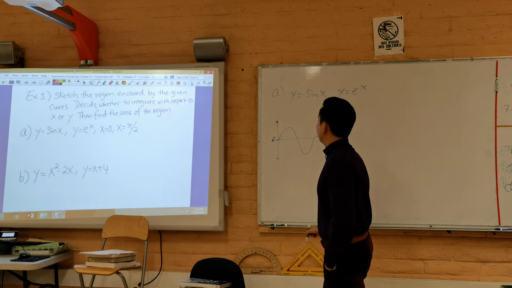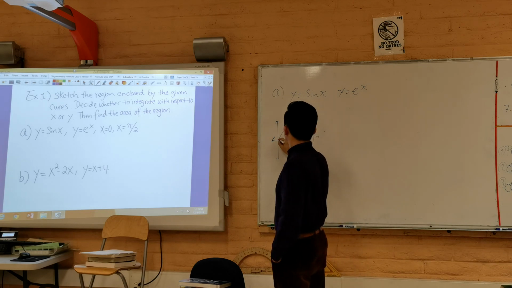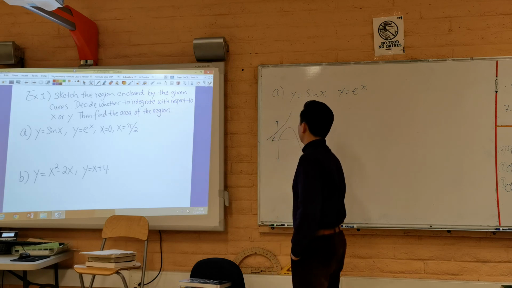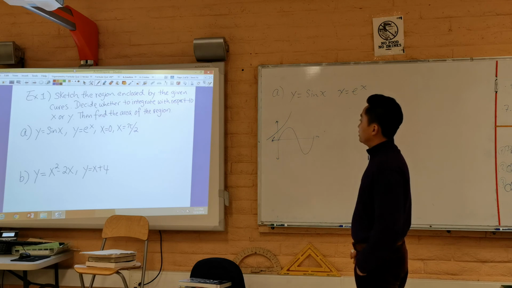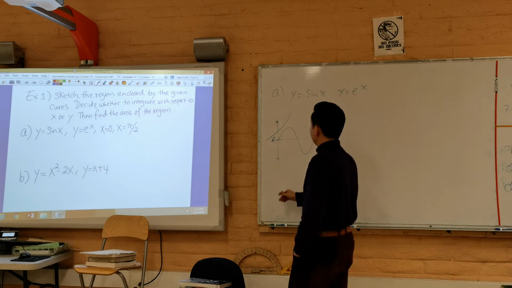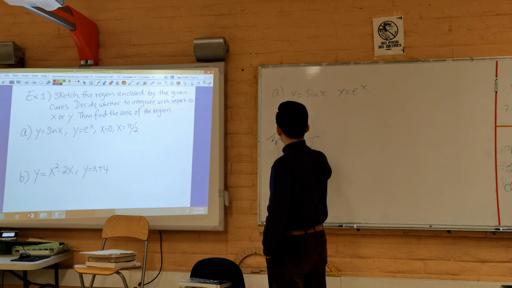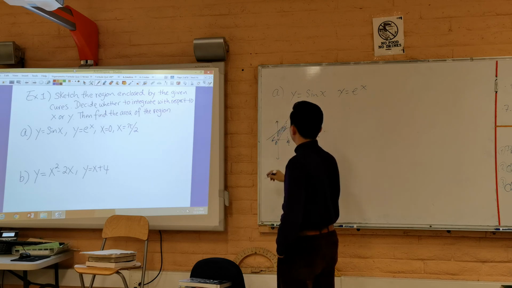So sine of x, and then e to the power of x. It's going to be something like this. Now the boundary goes all the way from 0 to pi over 2. That means we need to find the area of the shaded region.